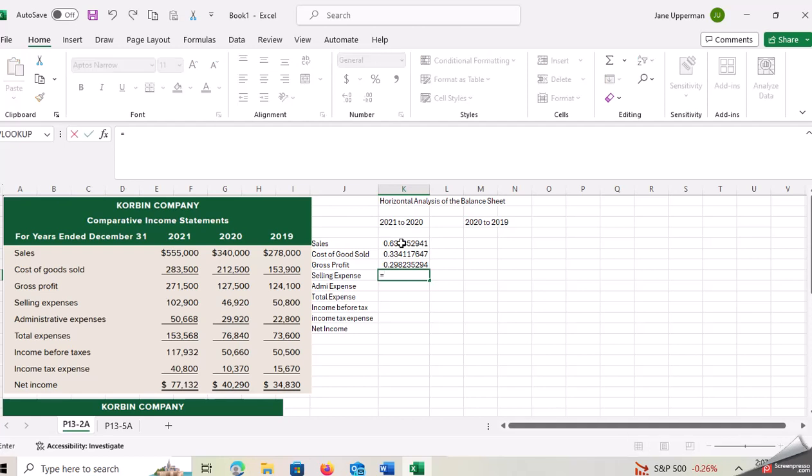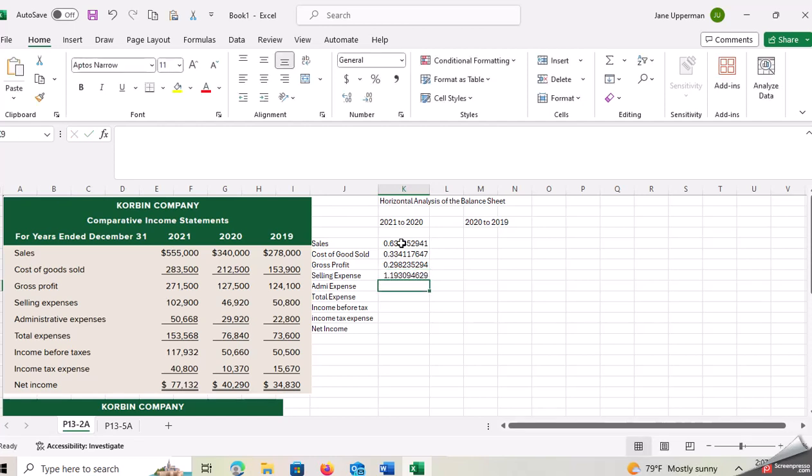Then our selling expense is going to be 102,900 minus the 46,920. Solve for that first, so that's why I have that in parentheses, and then divide that difference by the 46,920. In that case, it increases by quite a bit, over 100%.